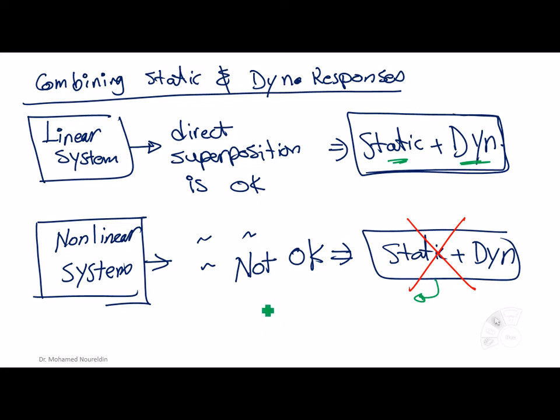However, if the system is not linear, there are changes in the stiffness, the tangential stiffness. This is a problem for us because at each time we need to know the stiffness required for the dynamic analysis. So we cannot superimpose the two responses from static and dynamic in this case, because the dynamic will be inaccurate.